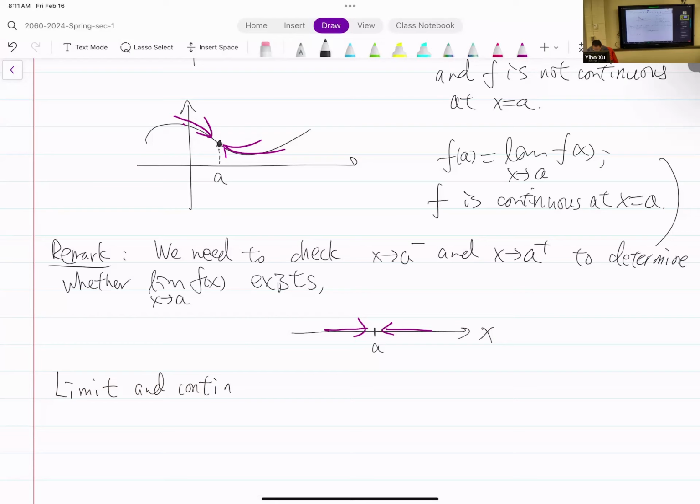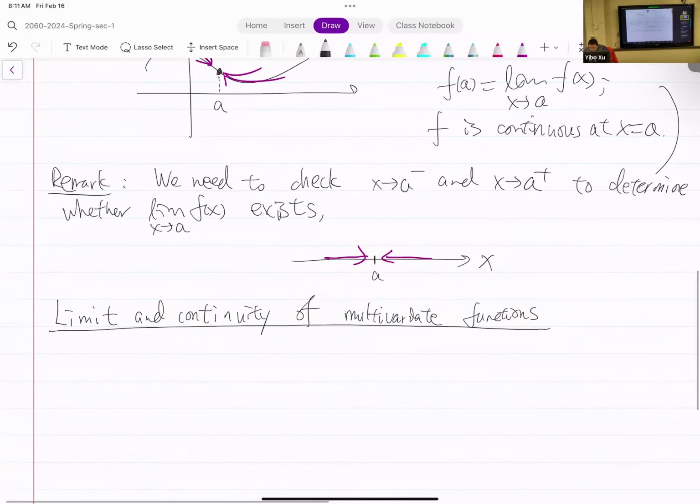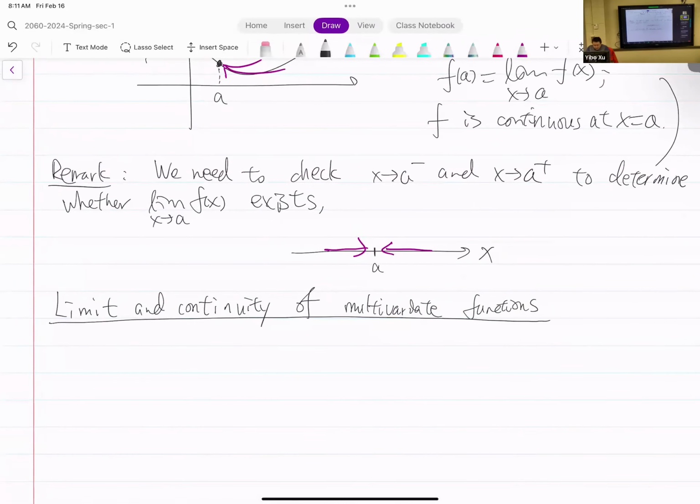Okay, continuity of multivariate function. So we mentioned at the beginning, for the picture on the right, that within the XY plane there could be all possible directions that can approach that input point, right?